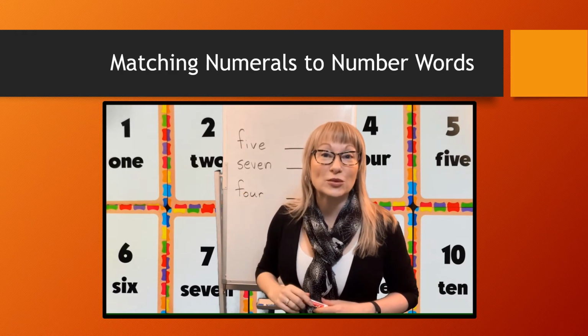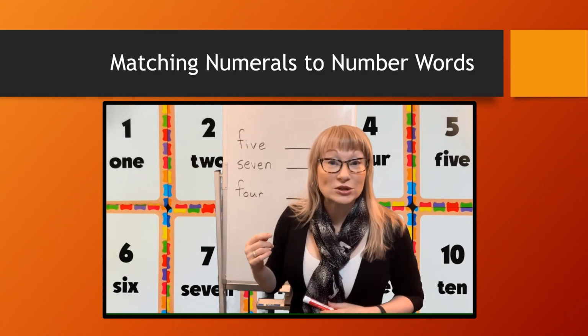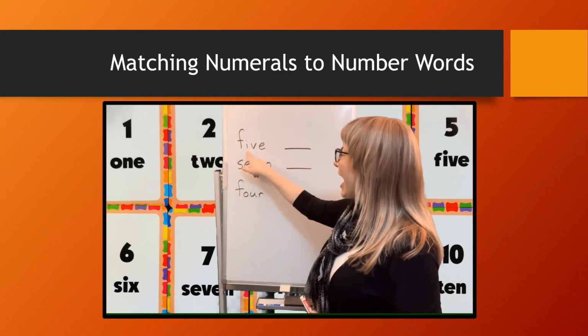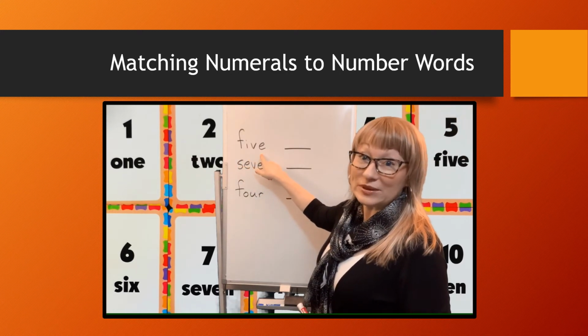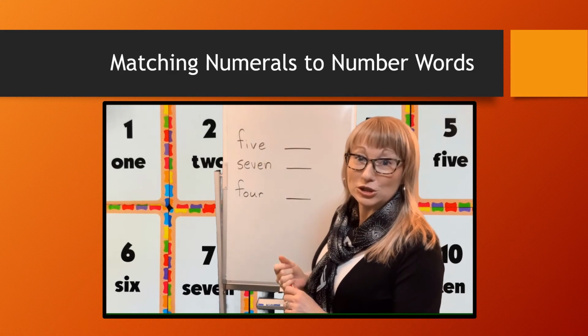So right now I'll show you what it looks like. We're going to sound this out and we're going to put the numeral down to match it. Remember the E on this one is a silent E, and it's actually got an important job to do. It's a helper.